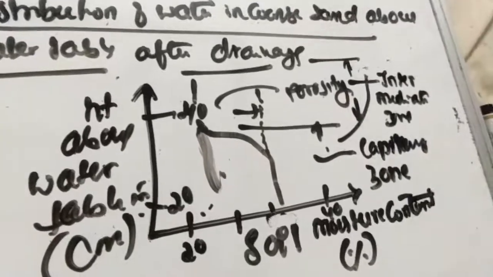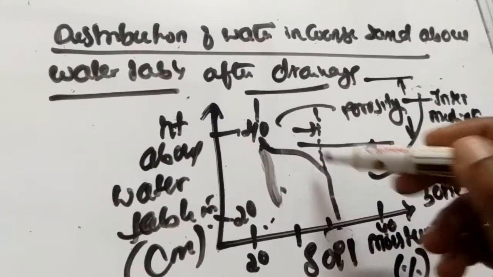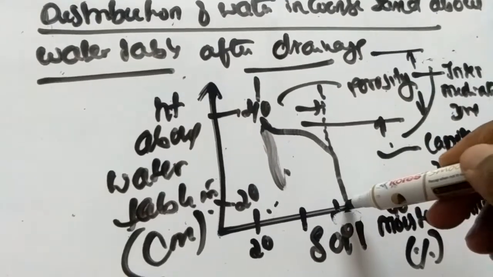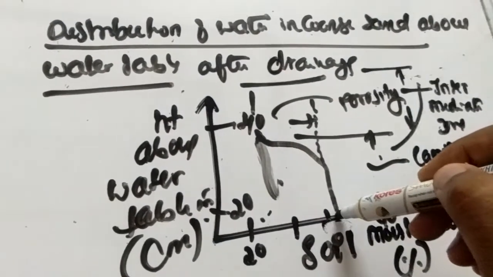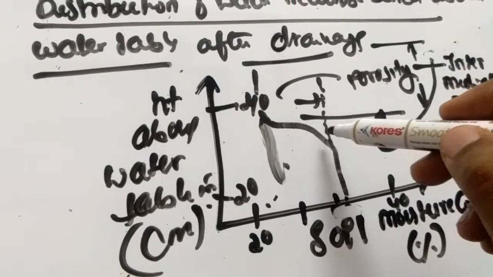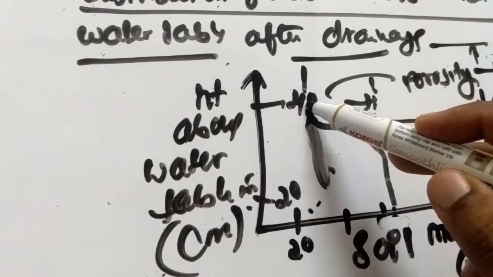So in the capillary zone, just at the water table level, the moisture content is exactly equal to the porosity. As we go above the water table, the moisture content goes on decreasing, as we can see here.